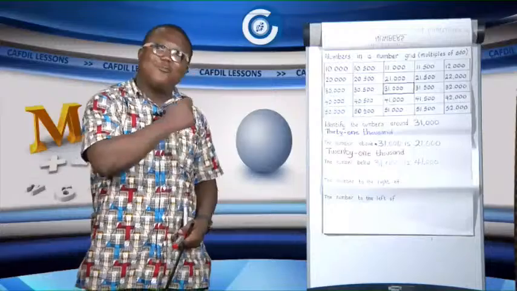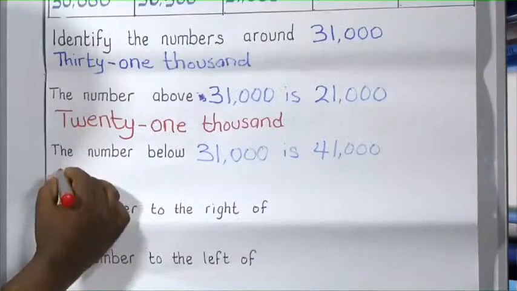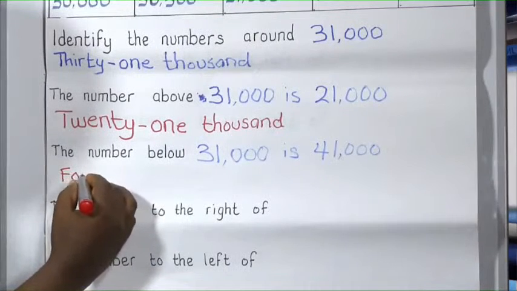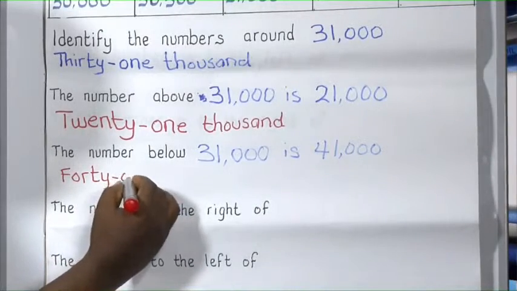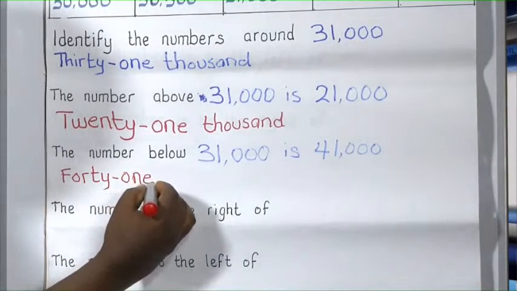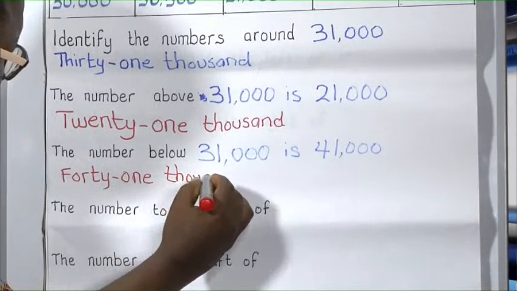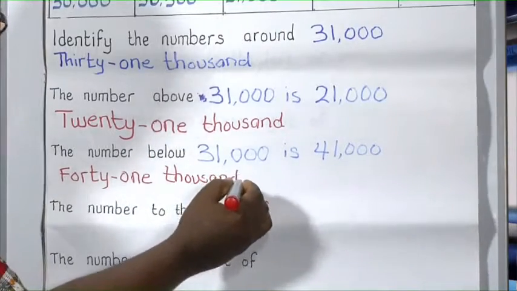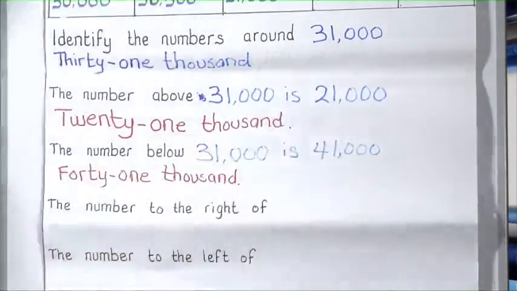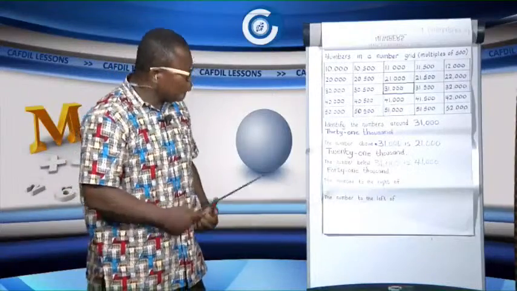Learners, this is how we write it. Good. So 41,000, we write it this way. Good. Let's go to the next one.